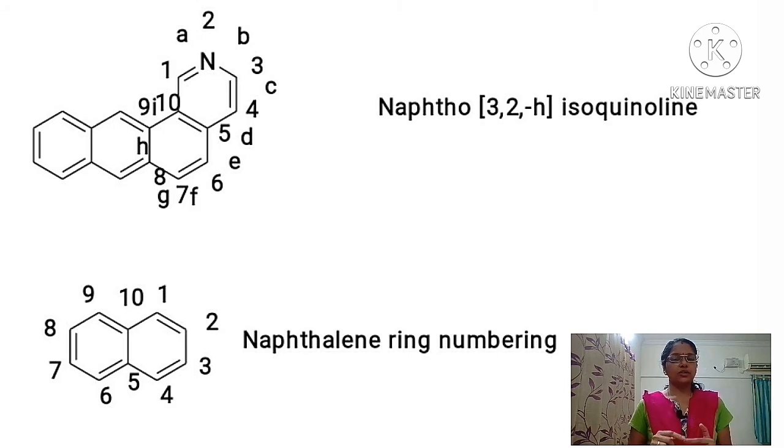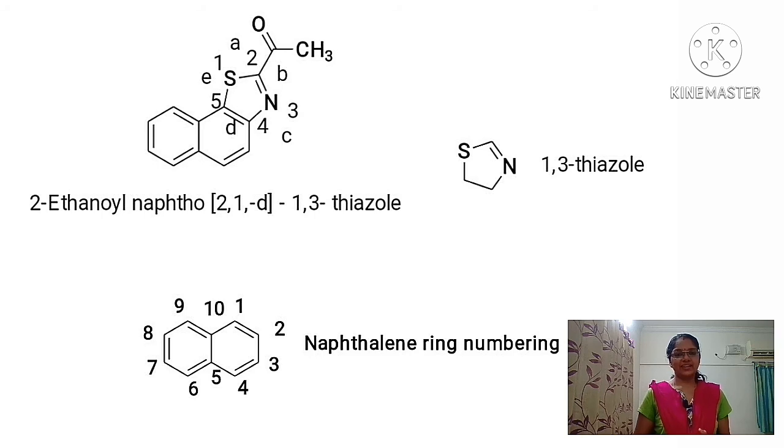When we look at the faces, the 2 and 3 positions of the naphthalene ring are attached to the isoquinoline at the h face. So the naphtho group is attached at positions 2 and 3, and it can be named naphtho[3,2-h]isoquinoline as the IUPAC name. Let us look at another example.